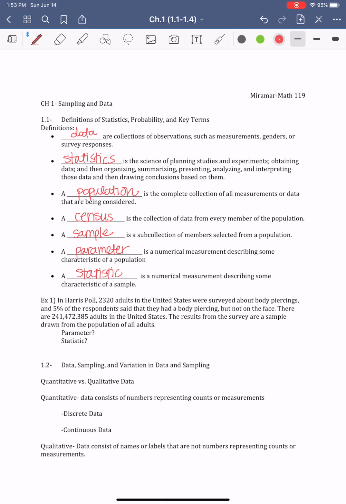Okay. Now, the last 4 terms are a little bit confusing and the definitions seem kind of similar to each other. So I'll give you an example. Well, population is an entire set that you want to consider when you are conducting an experiment. So for example, a population could be the whole entire US adult population.